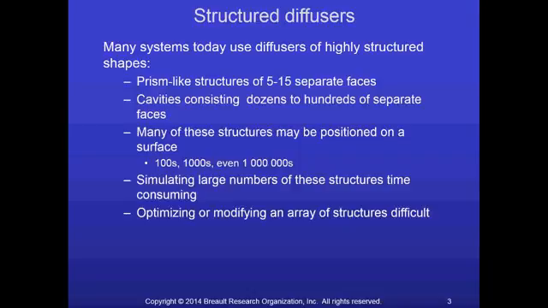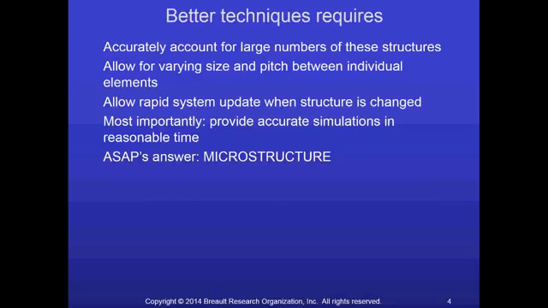So you can see that there's going to be a great deal of difficulty associated with trying to model these types of structures. So what we have come up with, or we think we've come up with, is a much better technique. And this technique needs to take into account several different things. You need to be able to account very accurately for large numbers of these structures.